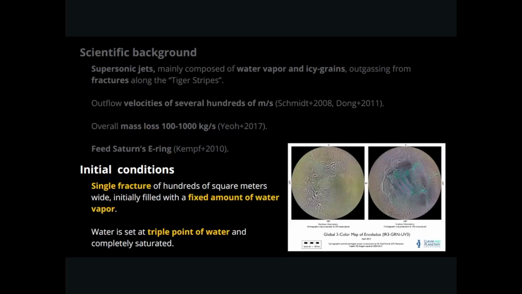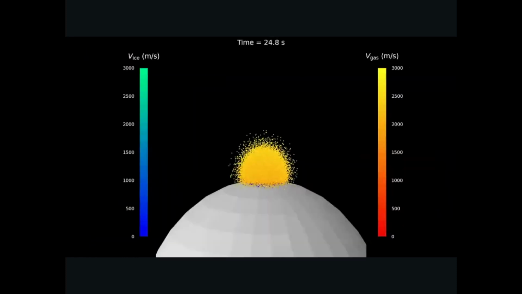So we are not leaving a fracture open, so you are going to see a mass loss event rather than a continuous mass loss. And we set it at the triple point of water because we are thinking in terms of where this material comes from, that is the subsurface ocean, because at the South Pole we expect that the thickness of the crust is 5 kilometers. And this is just to start from the beginning.